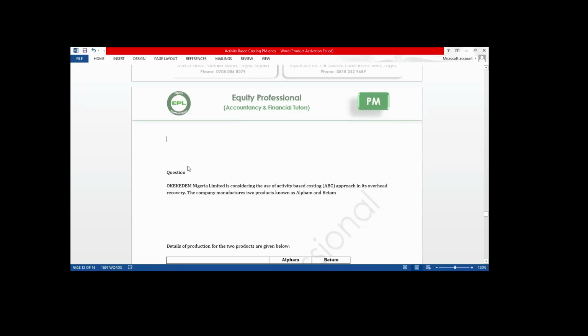Correct, please. Okay, thank you, sir. You're welcome. Activities that influence cost are referred to as the cost driver. Factors that influence cost are referred to as the cost driver.